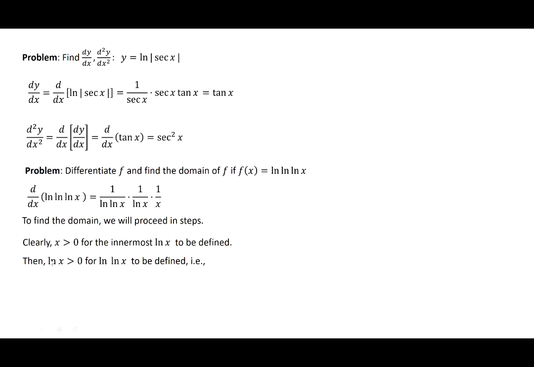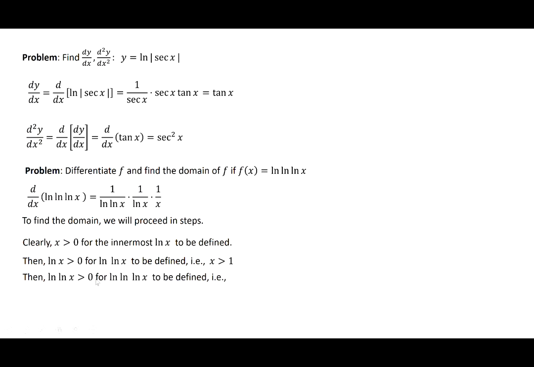So e to the natural log of x is greater than e to the 0. But what is e to the natural log of x? x. What is e to the 0? 1. Aha. So that means x must be greater than 1. Cool. All right. Then earlier we got x should be greater than 0. Now we are restricting the domain even more and we are saying no, it's not enough. If x is greater than 0, x must actually be greater than 1.